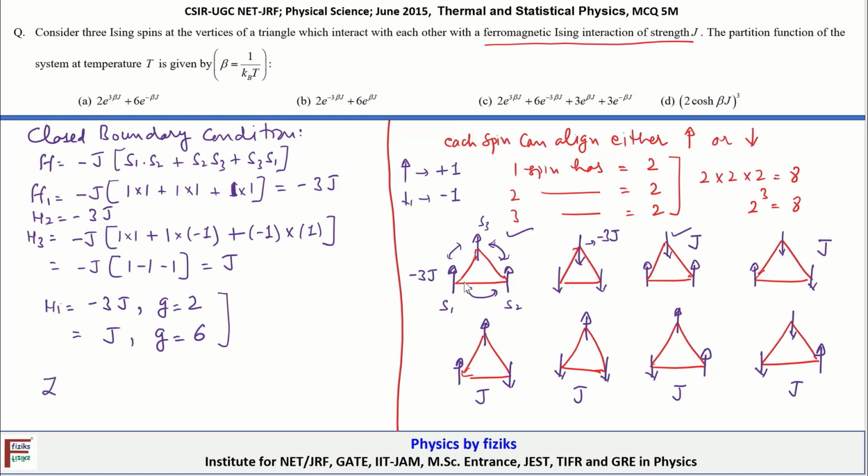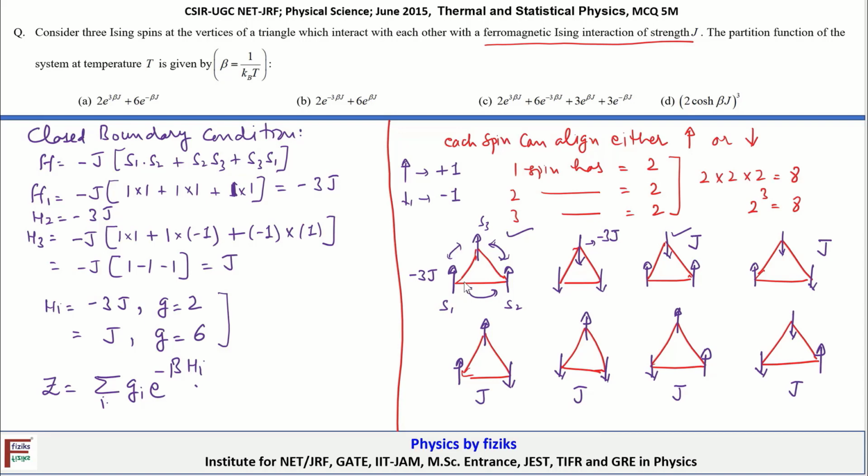Now this allows me to write the partition function for this system. The partition function is Z equal to the sum of Gi exponential minus beta Hi, with i taking values from 1 to 8 in principle, but now we have clubbed all the microstates into just 2 energy values.